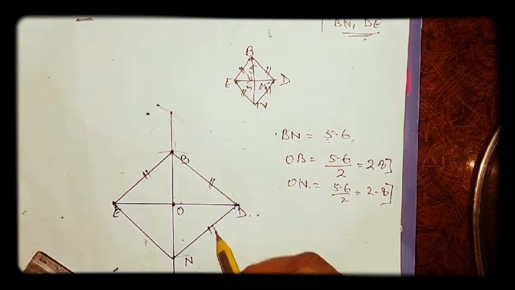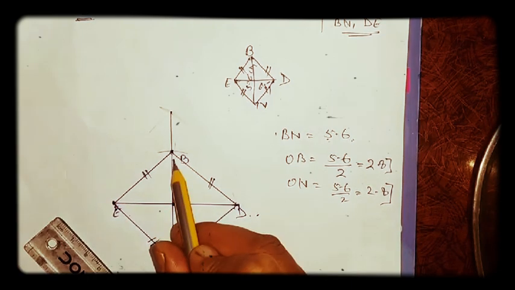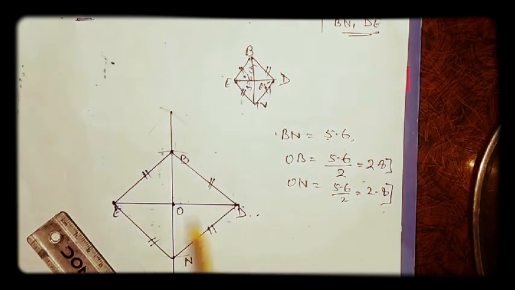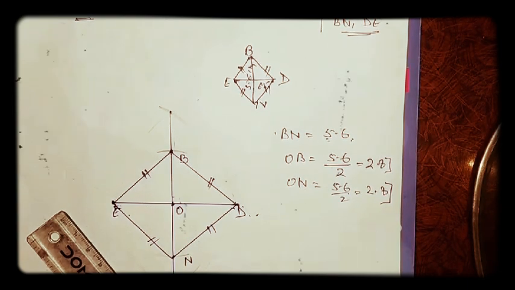It will be equal. ये line इसको bisect कर रही है, and this perpendicular bisecting this line segment, and this is bisecting this line segment. So this is our required rhombus BEND.